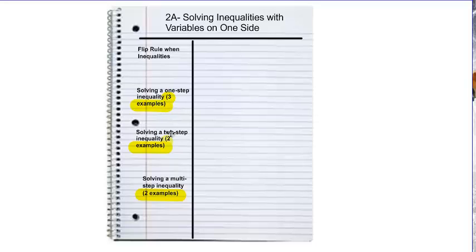The third thing is you should have 2 examples of solving 2-step inequalities. And the fourth thing you should have is 2 examples of solving multi-step inequalities. So go ahead and get your paper set up, and when you're ready, keep going to the next slide and be ready to start taking some notes.